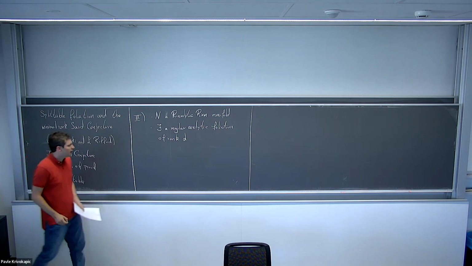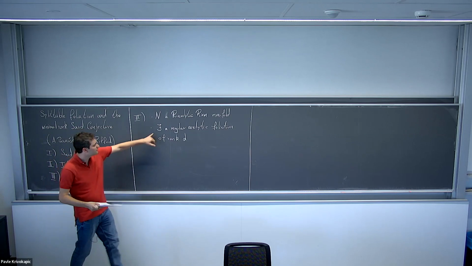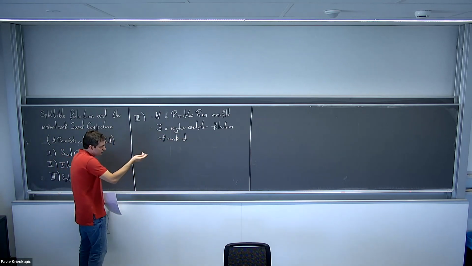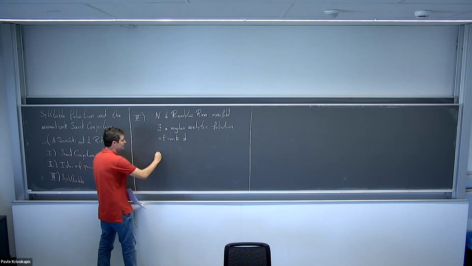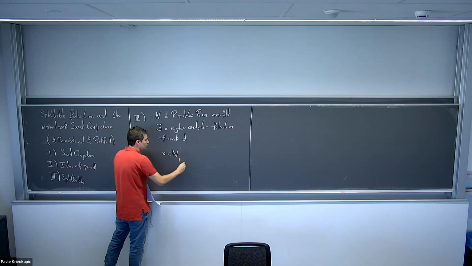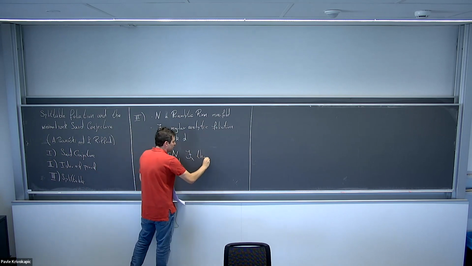And I want to study a property of returns of leaves in some sense. If this was a vector field, then I could actually talk about returns. So in the general case, let me be a little bit more precise. For every x in N, I'm going to denote by F(x) the leaf which contains x.